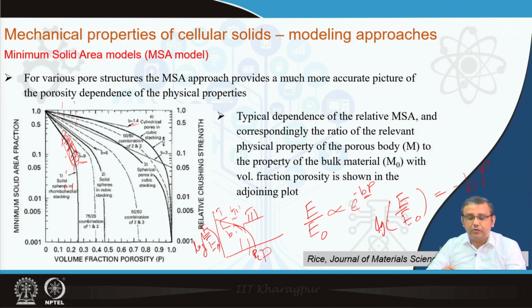Even though 100% porosity is somewhere like here, this is the 1 or 100% porosity, at much lower values, which can range from around 0.5 to 0.7, 0.8, you do not expect the property to reach 0 in the earlier models, which proposed that the property should reach 0 only at 100% porosity. But these MSA models predict that already at a critical value in the range of 0.5 to 0.7 porosity, your properties are approaching the 0 value.